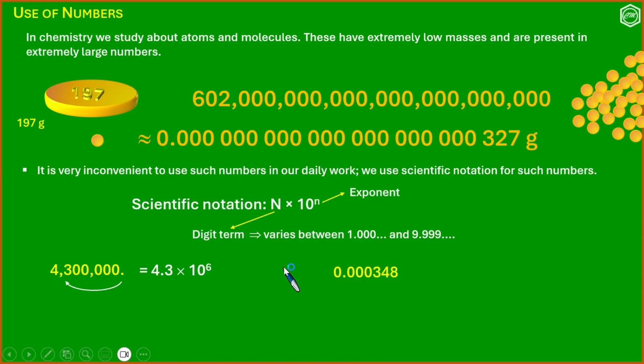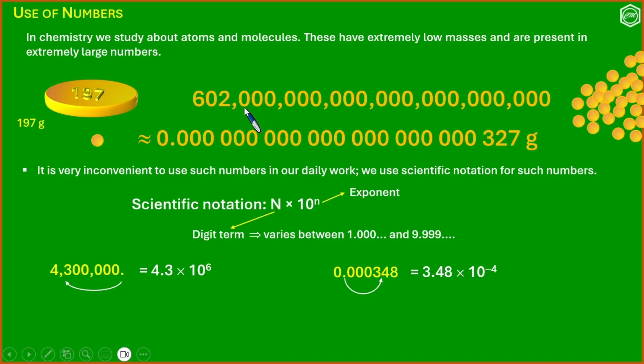Similarly, consider a very small number, that is 0.000348. Now we move the decimal 4 places towards the right, so that the digit term is 3.48. So the number will be 3.48 into 10 raised to minus 4. Here the exponent is negative and here the exponent is positive.